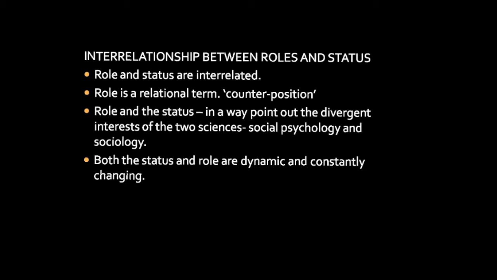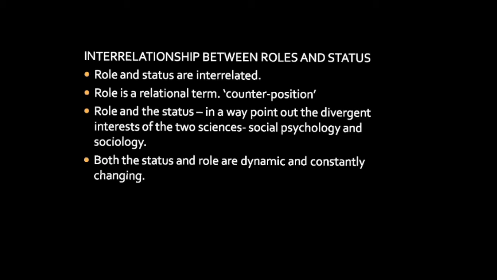Another is that both status and role are dynamic and constantly changing. This is very easy, as I've already explained that social roles are dynamic. An individual can play multiple roles at a time. For instance, an individual can be an officer at his office, but at the same time he or she can be husband or wife to someone, or a daughter or a son in a family.